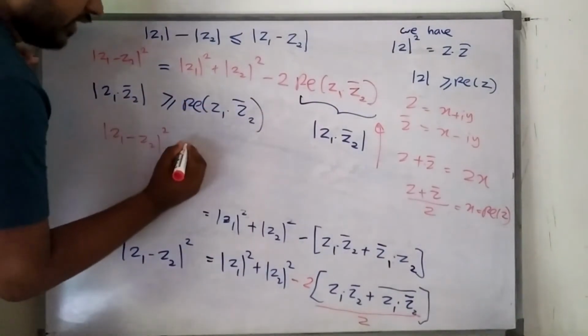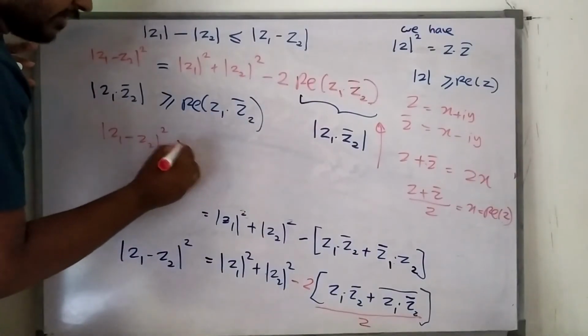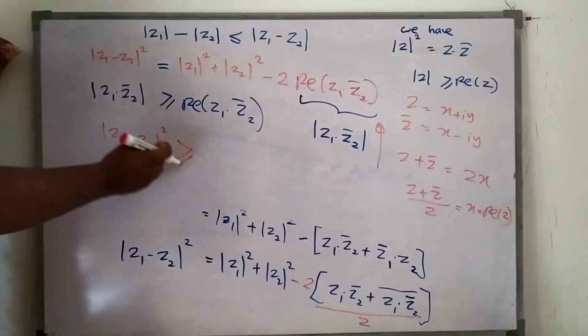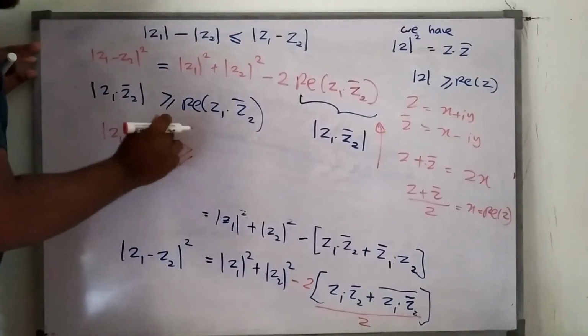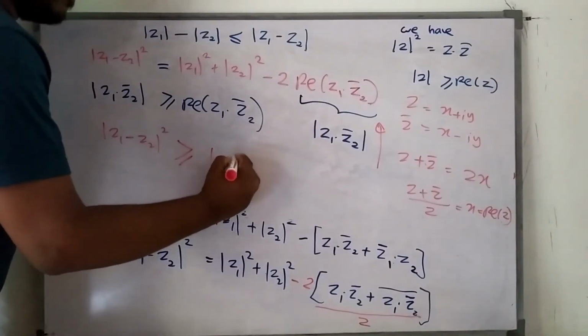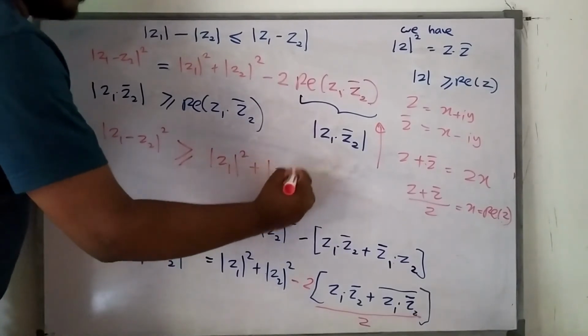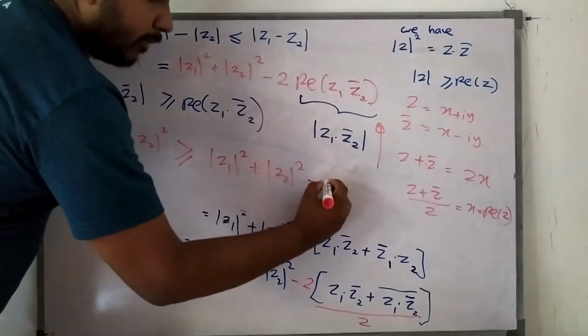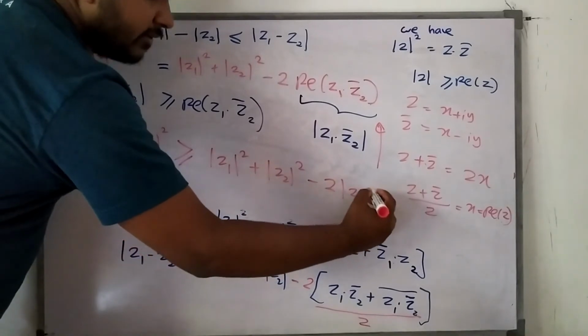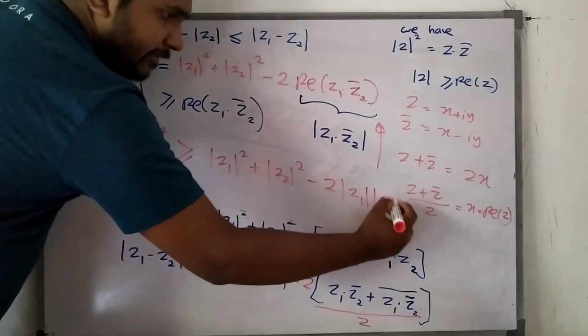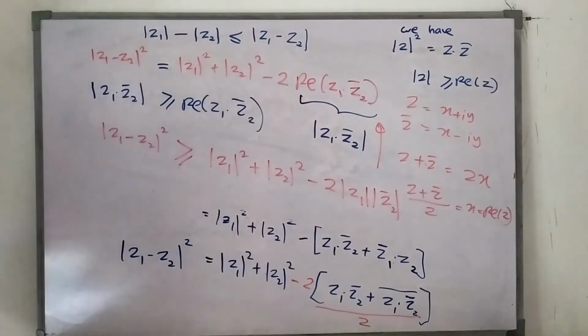So it's smaller, meaning greater than or equal, this will be rising. Then it's |z1| square plus |z2| square minus 2 |z1| |z2|, right?